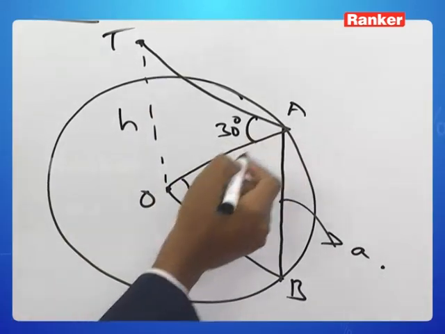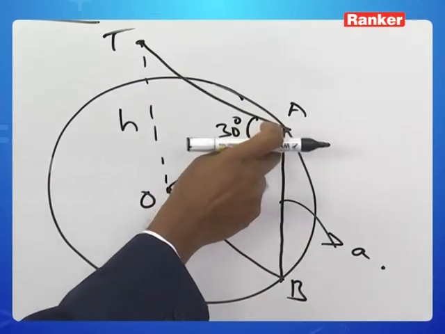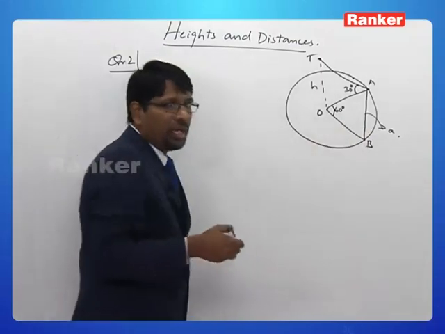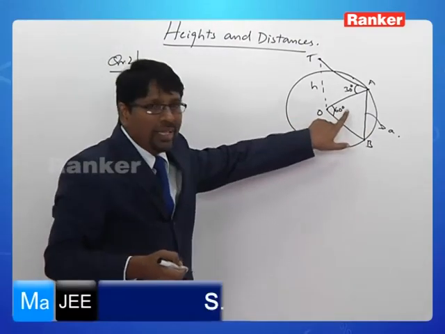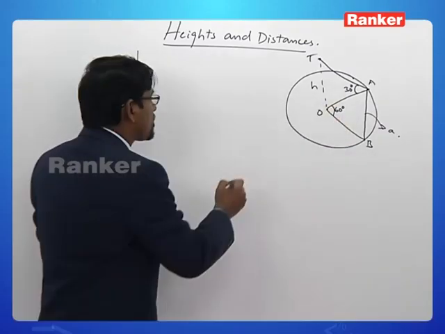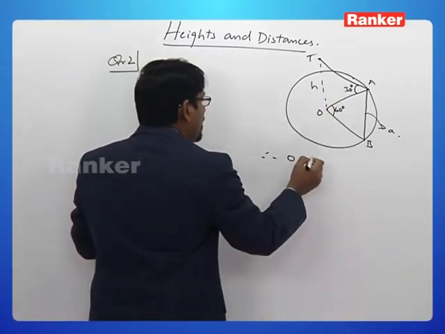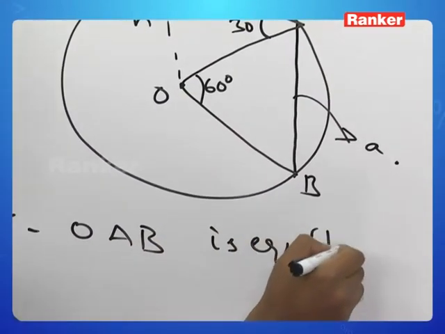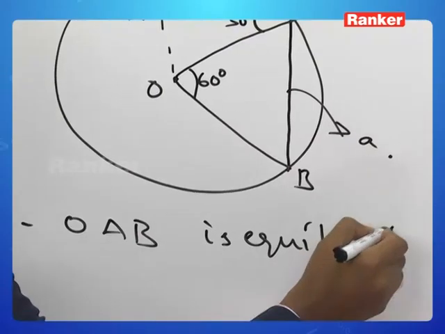Now OA is equal to OB, and this is an isosceles triangle. AB side is length a, and the angle included between the equal sides is 60. Therefore, the triangle OAB is clearly equilateral.